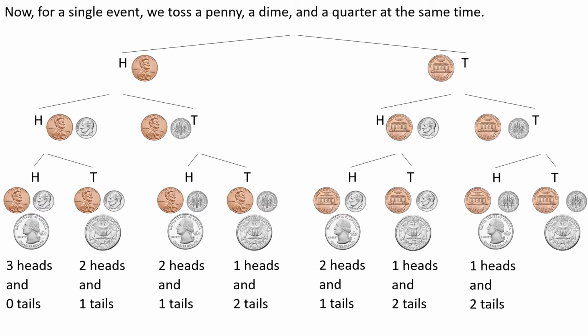Only one heads here, and again, this is different because it's only the quarter that's the heads. And then, of course, there are no heads here, right? So that's the sample space. The size of the sample space is 8. So if I do the probability, the number of outcomes is 8.